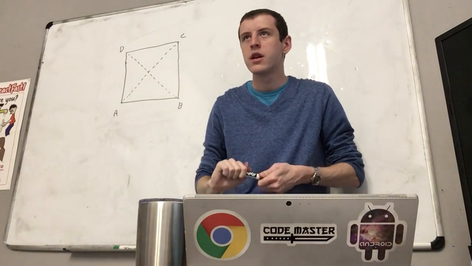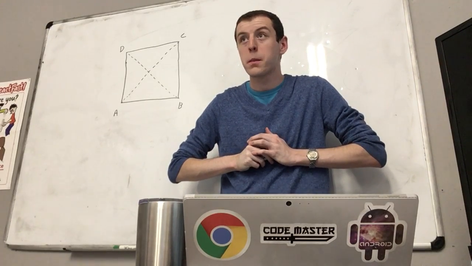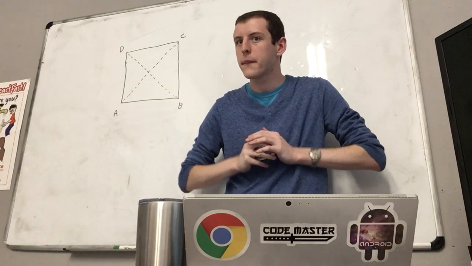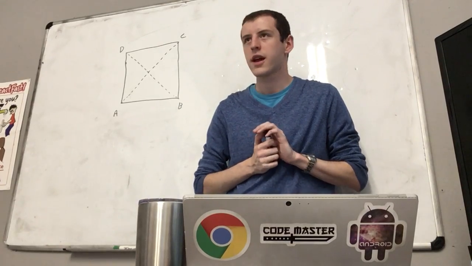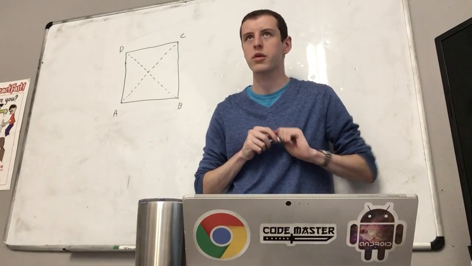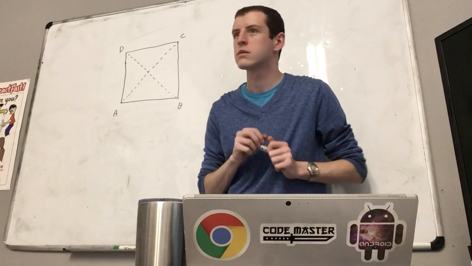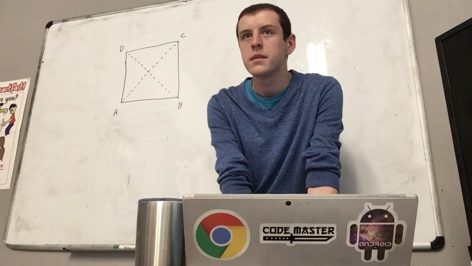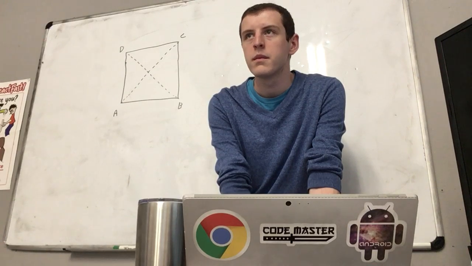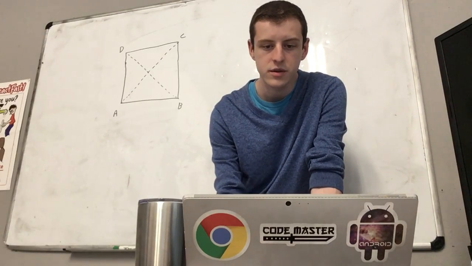Okay, are we ready? Do you have an idea what we want to do? Thought about it? Another minute? Think about it a little bit more. Proving that these diagonals are congruent. I promise this is not a square, by the way. It's a rectangle. Thirty seconds.